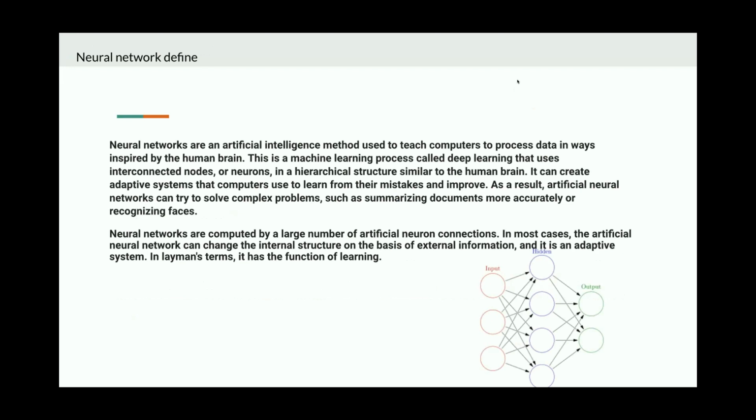As a result, artificial neural networks can try to resolve complex problems, such as summarizing documents or recognizing faces. Neural networks are composed of a large number of artificial neuron connections, and in most cases, they change their internal structures, biases, or internal information, and the activation systems. In layman's terms, it is a function of learning. That's how I use it in 3D modeling of my game.